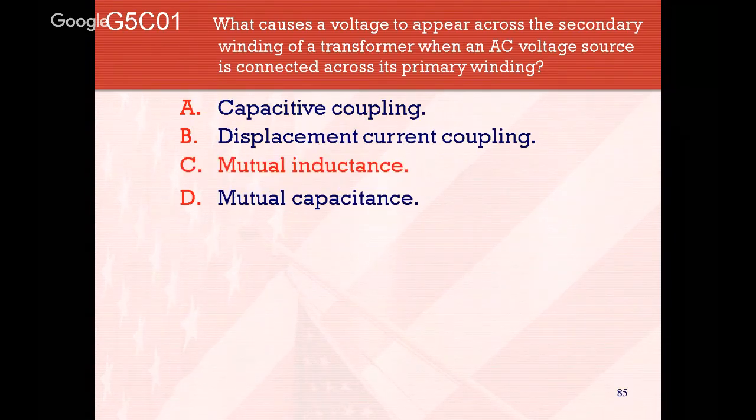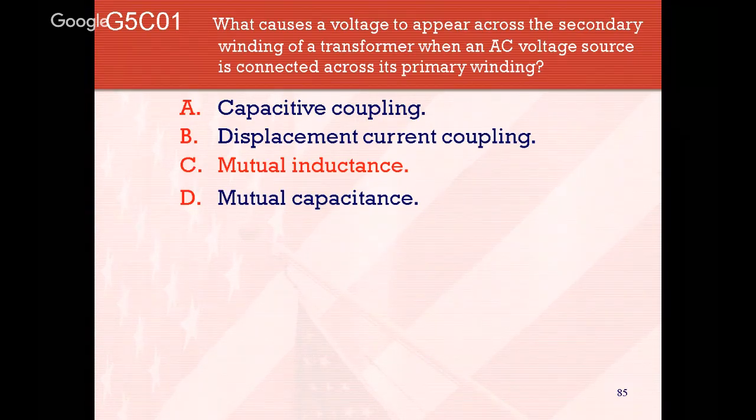Those windings are wound pretty much together, and as one AC signal is presented on one winding, it causes a mutual inductance to be imposed on the secondary winding. And again, keep in mind: high voltage, low current on the input; low voltage, higher current on the output, or the secondary winding.